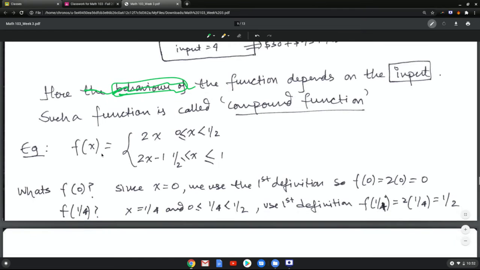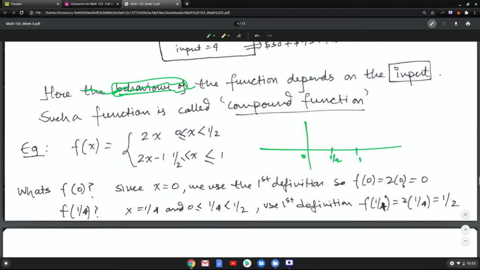For example, f of x equals 2x when x is between 0 and 1 half, 2x minus 1 when x is between 1 half and 1. Now, let's say I want to plot this. What's f of 0? Since the input is 0, that's the definition I use, because it says when the input is between 0 and half, I use this definition.